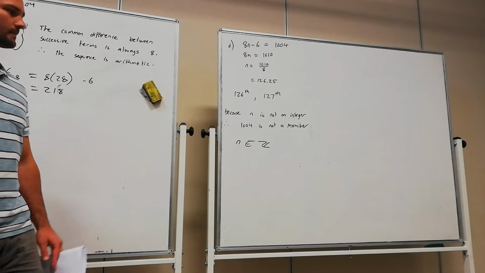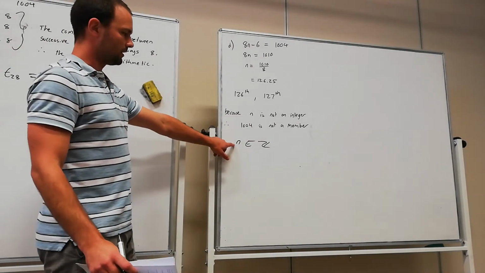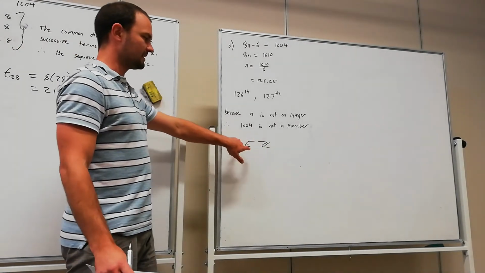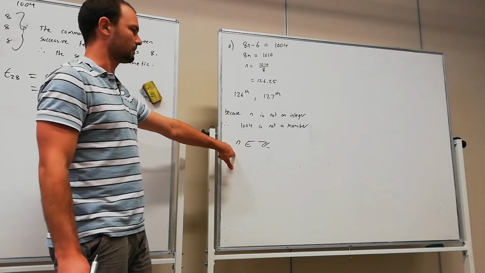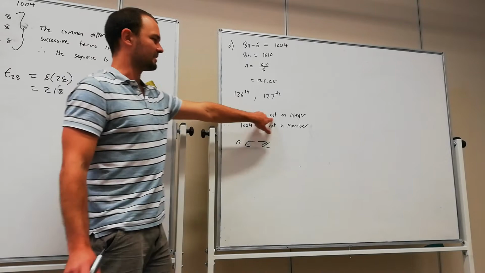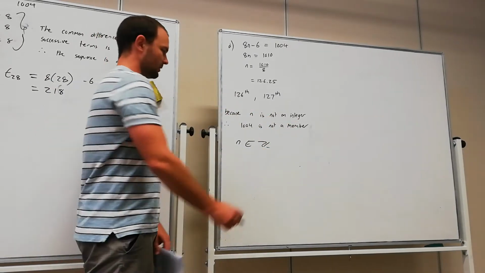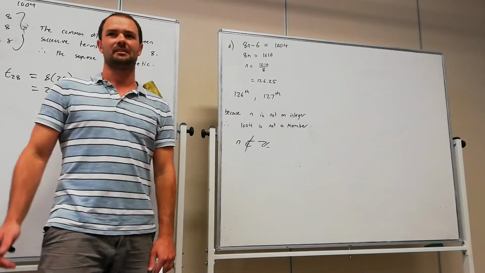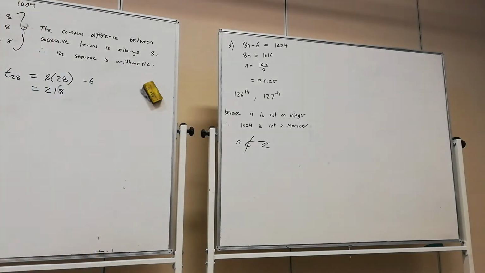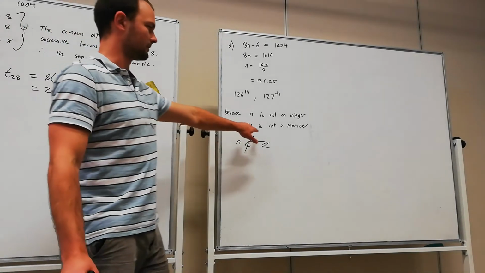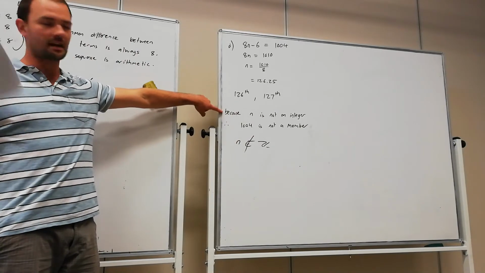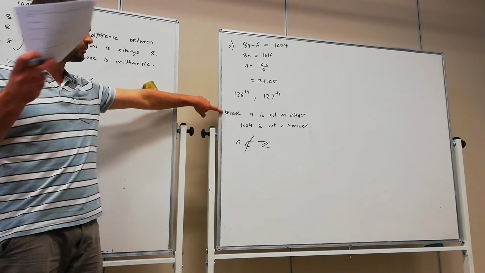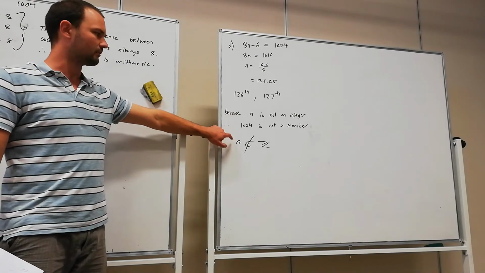Integers are just whole numbers. So n belongs to Z just means n is a whole number. That's the mathematical way of writing it. But our statement is it's not an integer, so we just put a line. N does not belong to the set of all integers, therefore 1004 is not a member. So either is fine. You can write it like this if you want to. If you want to start using the mathematical language, which we will develop, this is the way to write it.